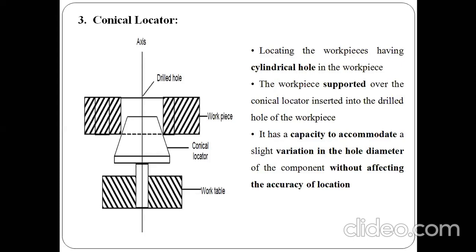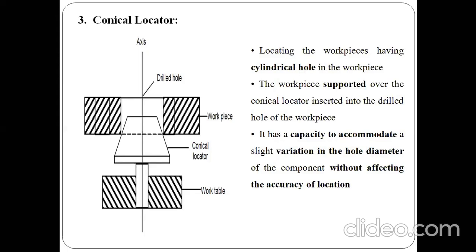Again, one of the advantages of this conical locator is that it is possible to adjust a variety of component sizes, meaning different hole sizes can be adjusted or located with the help of the conical locator.